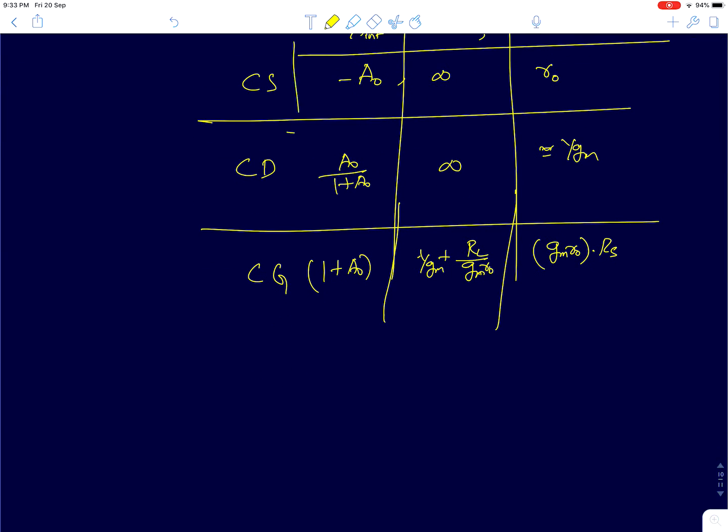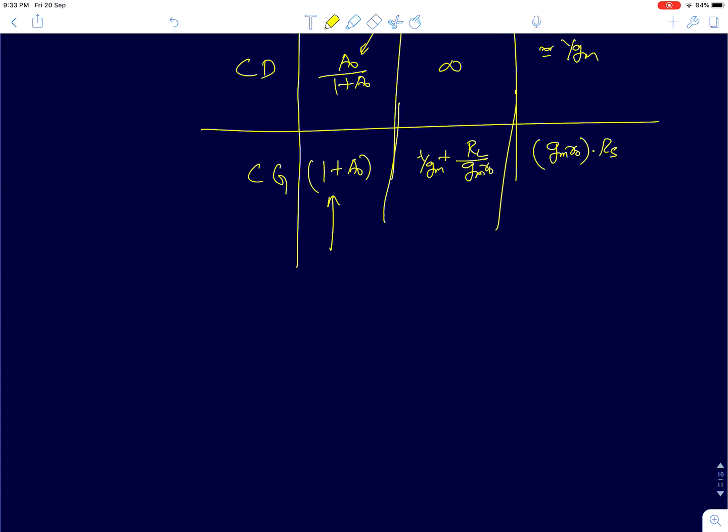Okay, so this is for all the three stages. Now if you look at common source configuration, there is a 180-degree phase shift between input and output, but in common drain and common gate configuration, both the input and output will be in phase for low frequencies. So this is all about single stage MOSFET amplifiers. Okay, so I'll stop now.